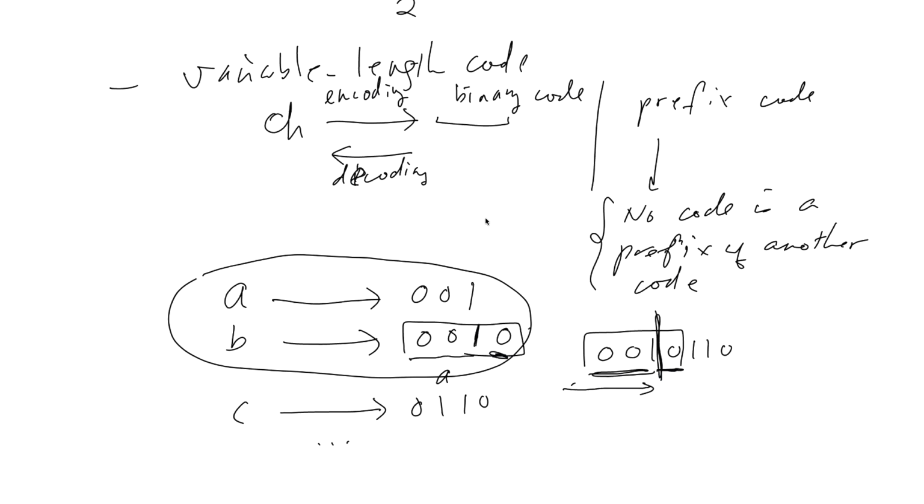The first binary string that maps to a character, we simply use that character, because this portion is not going to be a legal code of another character. So that is the concept of prefix code.